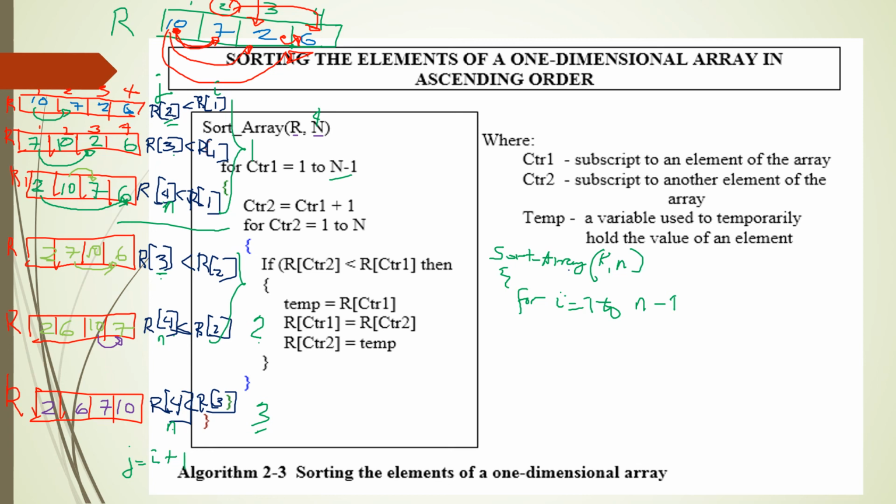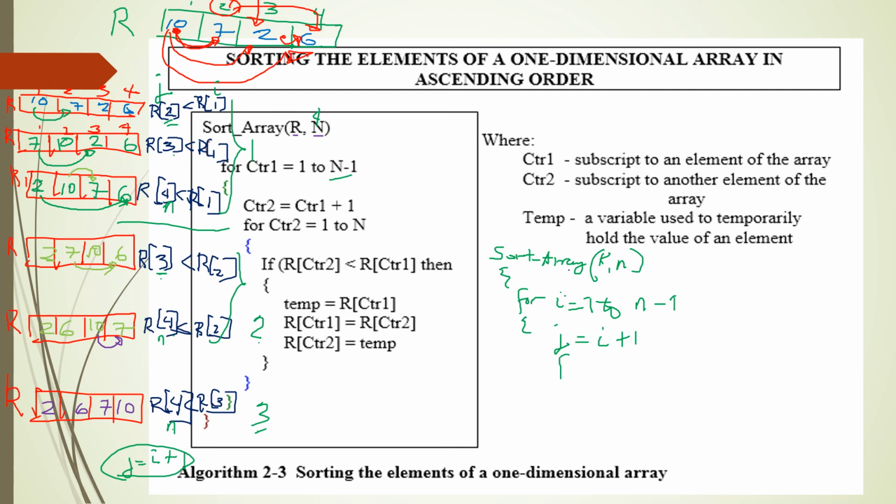Okay? What will happen? Every time we have the value for our I, our J will now have the next value. So, ito, part siya, no? For J, then J is equal to I plus 1.